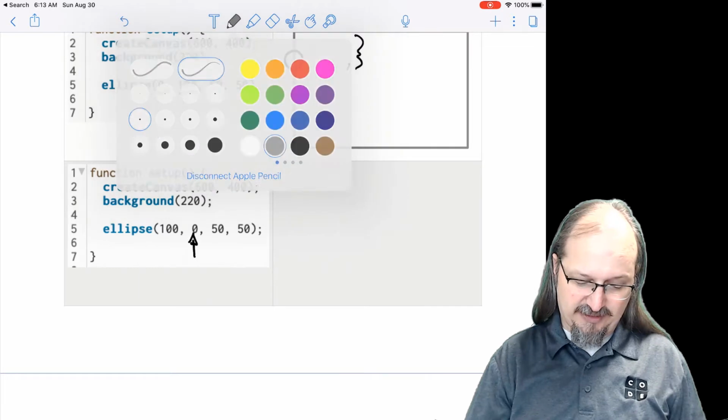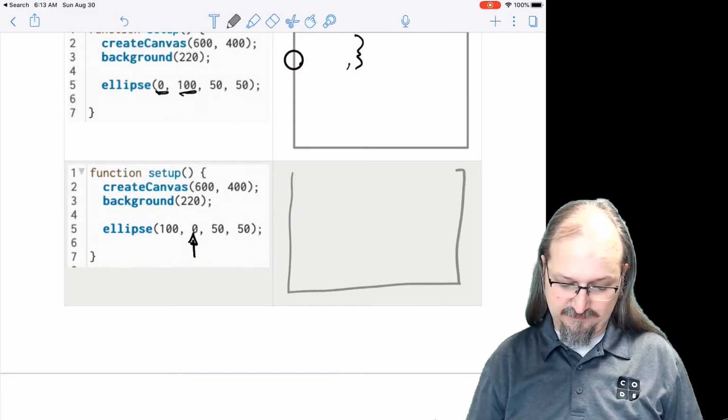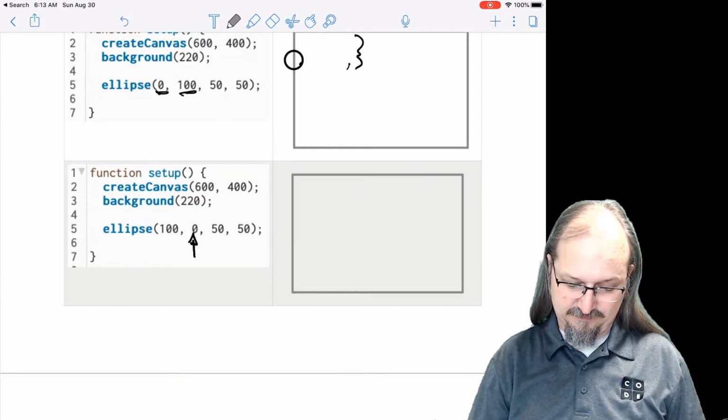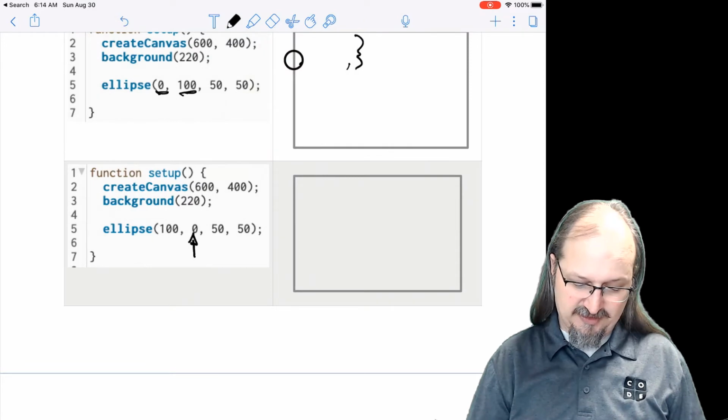So again, if we had our canvas, and our ball, this time it was somewhere like here-ish.